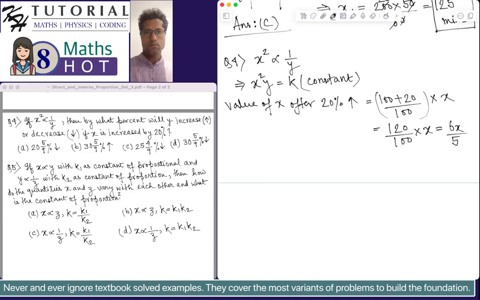Okay. So the value of x when it is increased by 20% becomes 6x by 5. Now let the value of y be y1 when x is 6x by 5.